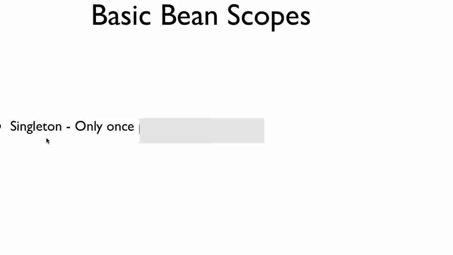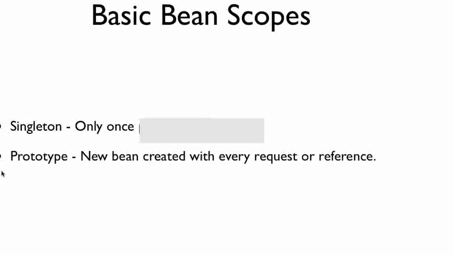The other scope that the beans have is called prototype. Prototype actually works the other way. We have new beans that are created with every request. So say I define triangle as a prototype instead of the default singleton.